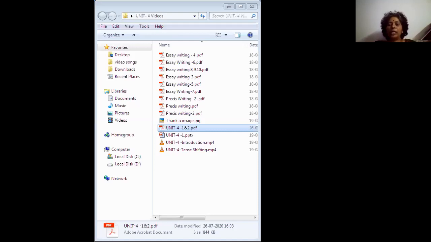So for that I would like to give a few points. This is the review. Already we discussed the same in the previous session. Just have a review of the particular concepts. Use the past tense to describe events that were completed in the past or to make statements or generalizations that are tied to the past.